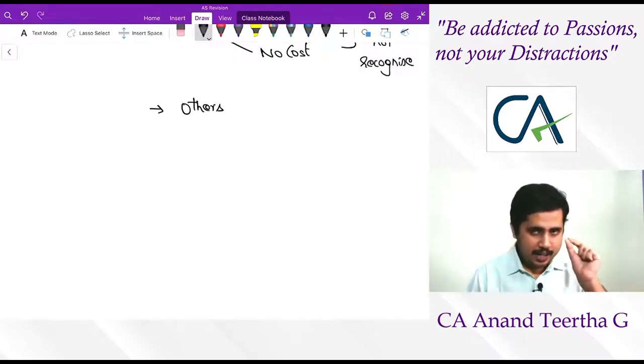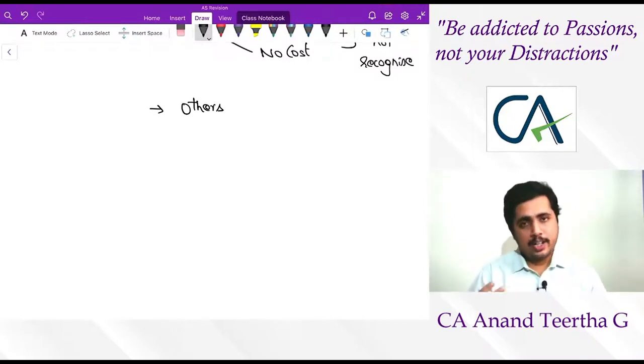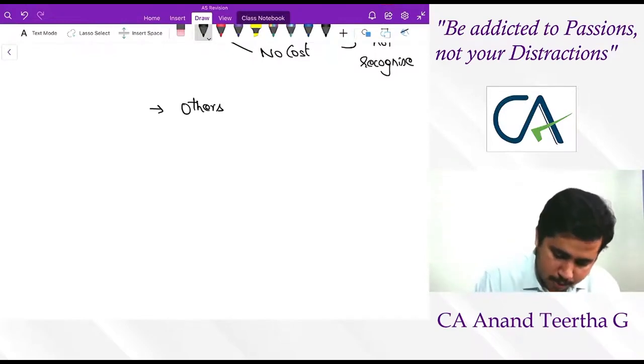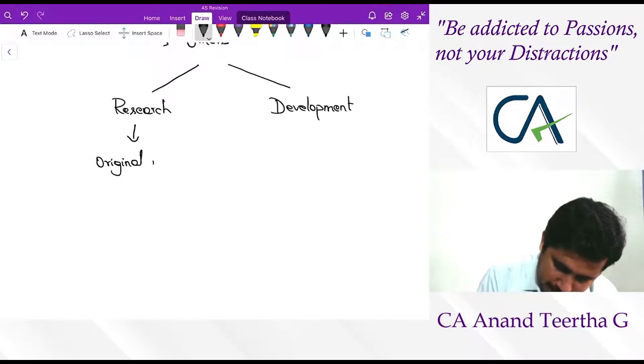Accordingly, your entire cost will fall in either research or development. Accordingly, the capitalization mode is decided by the standard. How? First, when it comes to the research phase, what do we mean by that? It's original planning and investigation.